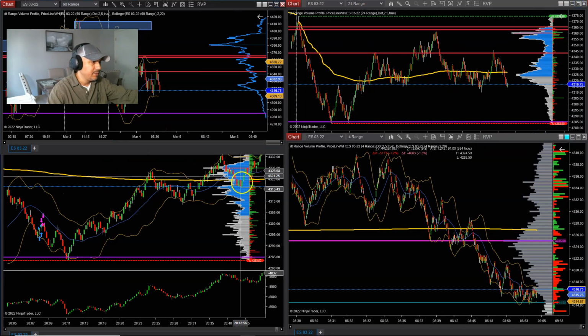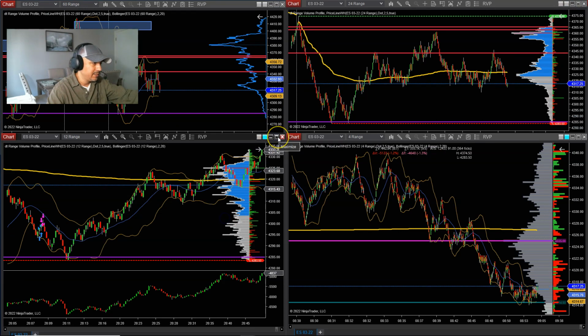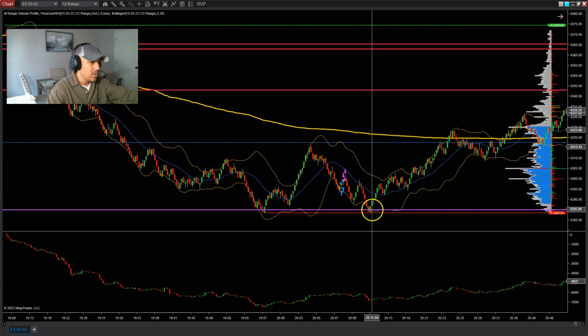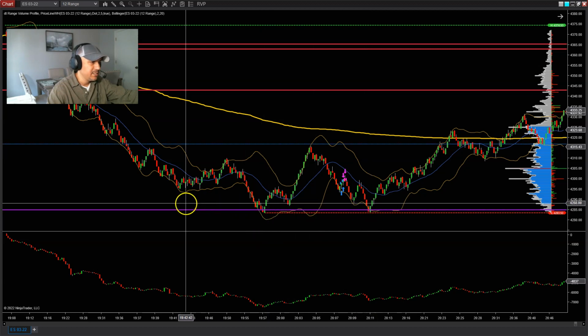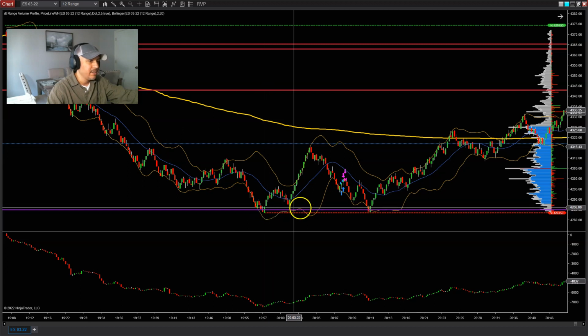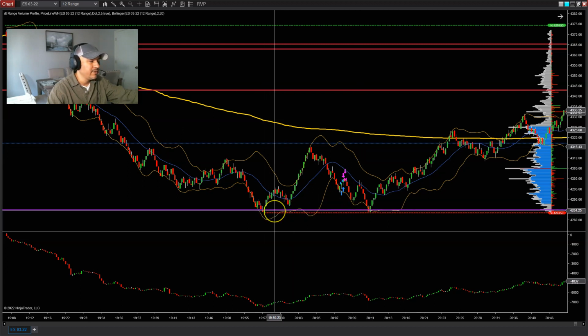So I was able to take a little trade at the bounce when the market came down. If you really take a look at this area right here, it's an area of demand, and we're hitting up against some area of support off the higher time frame.